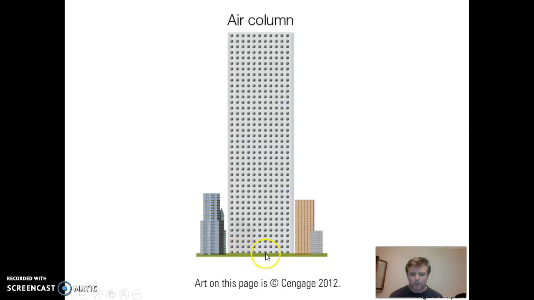When we were talking about surface pressure, the pressure that you experience here at the surface is the result of all the air that is above you. That's why as you move up in the atmosphere, the pressure decreases, because the pressure is really only due to what's above. So the tops of these buildings here are experiencing less pressure than the bottoms.